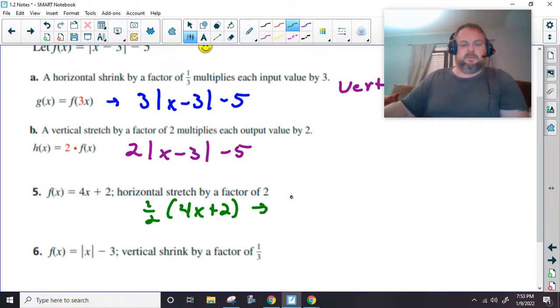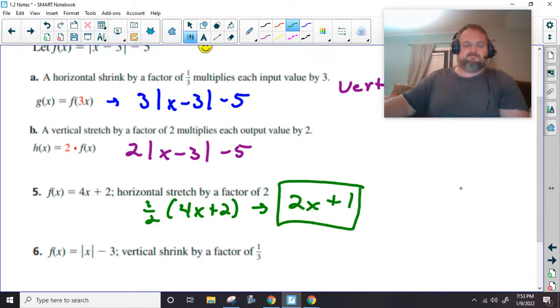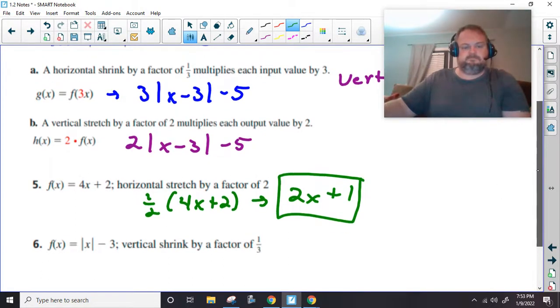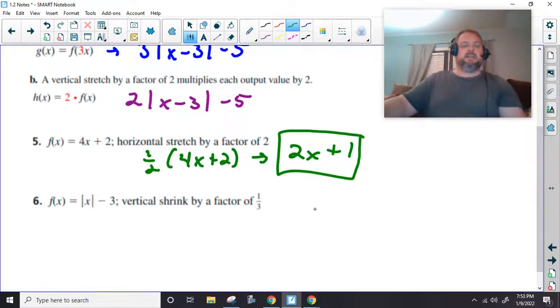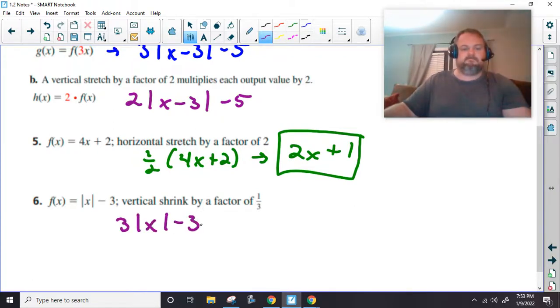Distribute. Well, half of 4 is 2, and half of 2 is 1. Okay. Vertical shrink, same thing as a horizontal stretch. We're just going to multiply this by 3.